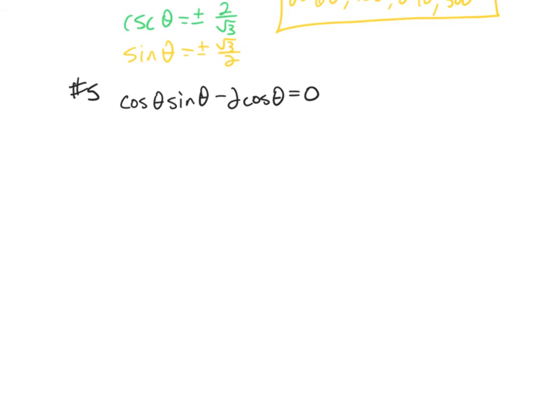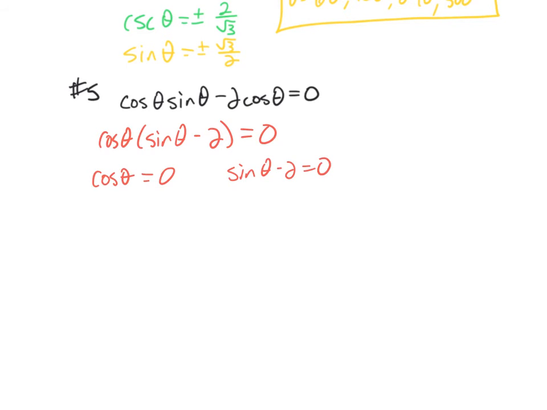Okay, so if we can factor out cosine from both terms, we would be left with this particular equation. All right, and then when we have factoring set up, we can set each factor equal to 0. Since the factors multiplied together equal 0, we can use this then to say where would each of these factors be equal to 0.